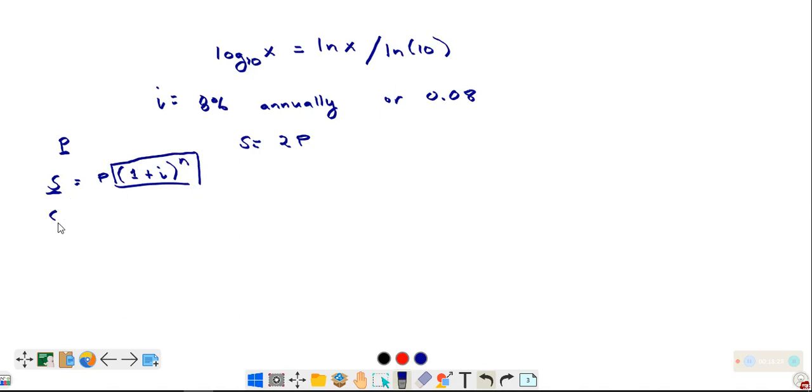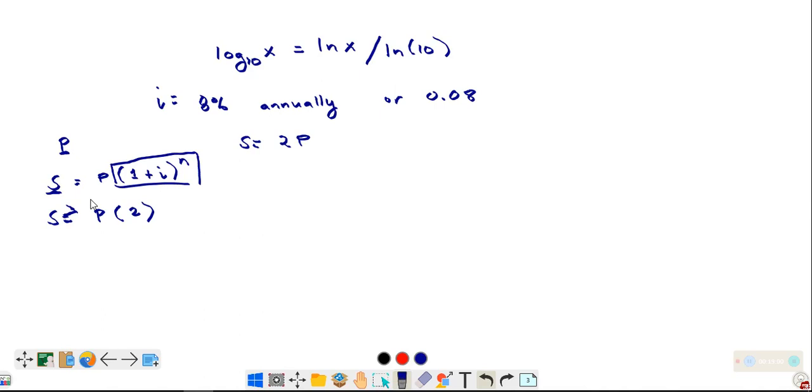So, since S must be 2P, pwede natin siyang i-substitute as P times 2. Or pwede rin siyang maging greater than or equal to P times 2. Kasi hindi naman natin madedetermine kung kailan exactly or kung tatama siya na talagang doble after a certain number of years. Possibly may putal. Halimbawa, 2 years and 1 month.